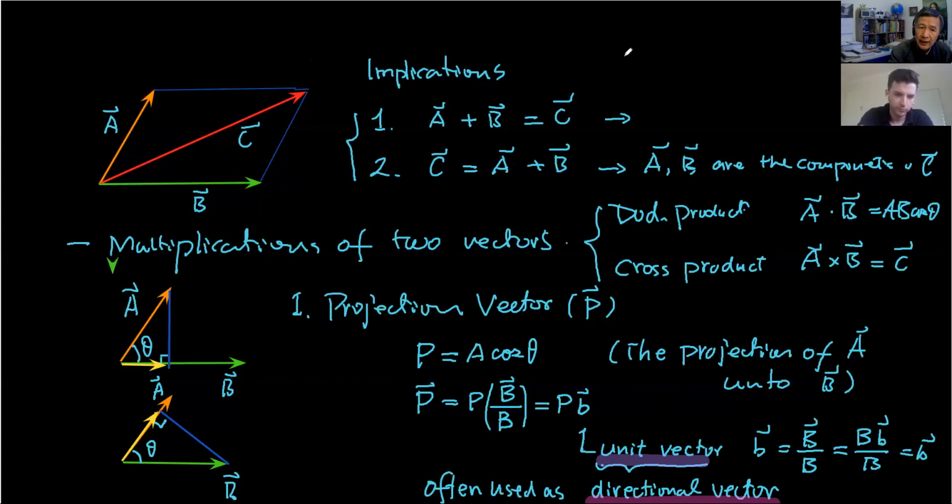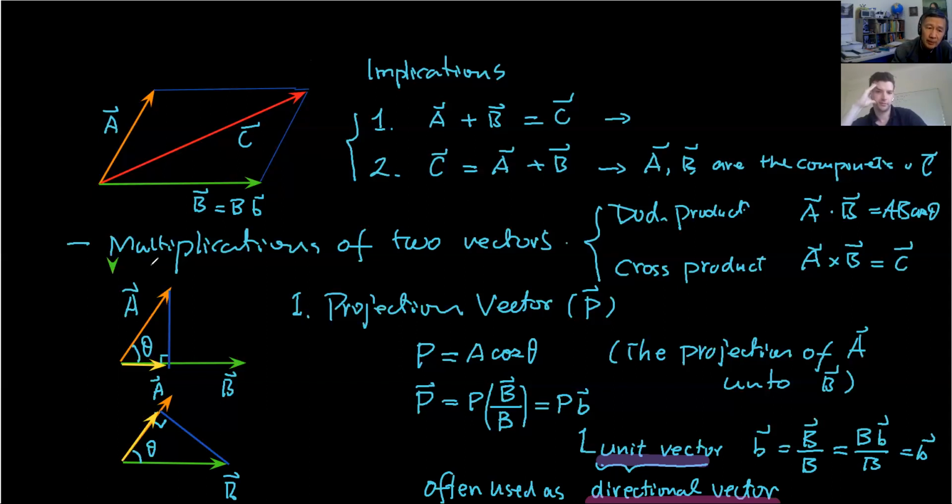So in general, any vector like this one can be written as its magnitude multiplied by its directional vector. It makes sense. That is an important thing to understand about multiplication.